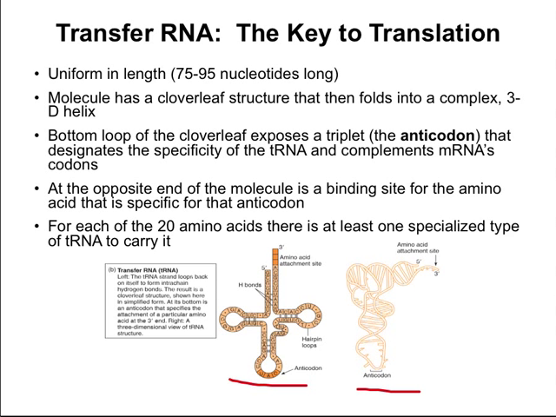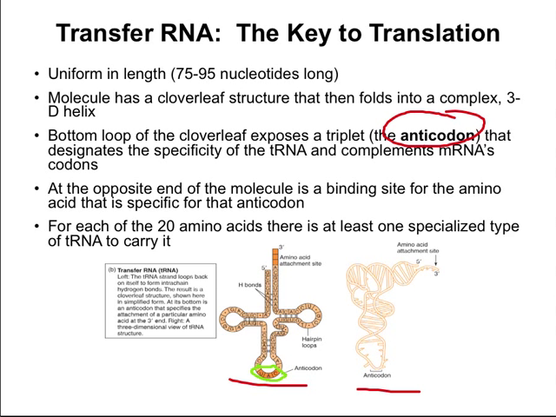The bottom loop of the cloverleaf expresses a triplet or an anticodon, and that anticodon designates the specificity of the tRNA and complements the RNA's codons. So here's the bottom loop, and then here are the 3 nitrogenous bases that denote the anticodon that's on a transfer RNA.